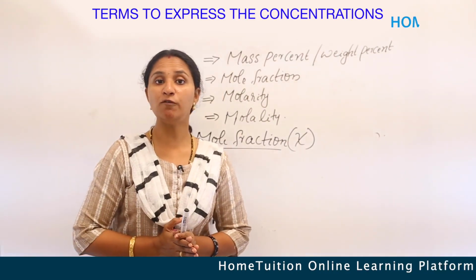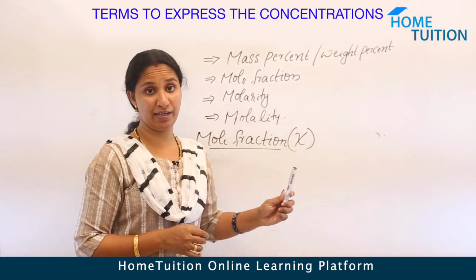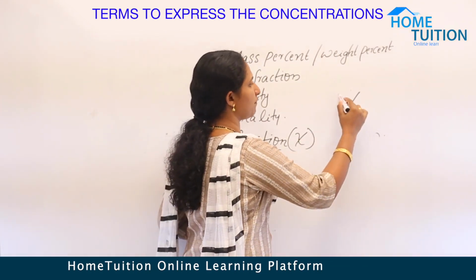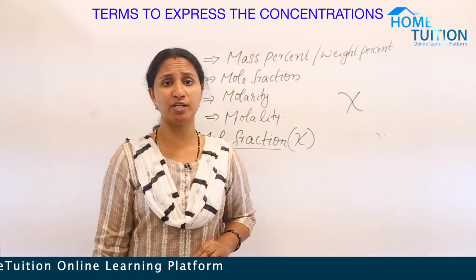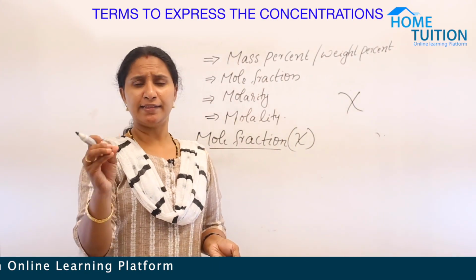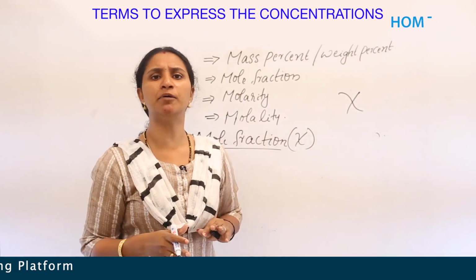Next one is the mole fraction. Mole fraction is represented by the symbol chi. Okay, this is the symbol to represent the mole fraction. Here the mole fraction is the ratio between the number of moles of a particular component to the total number of moles.